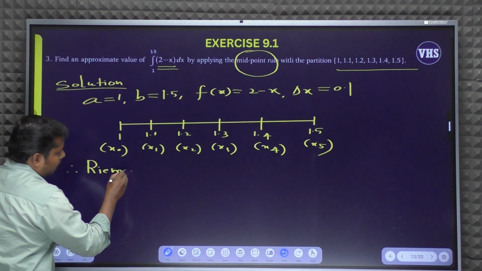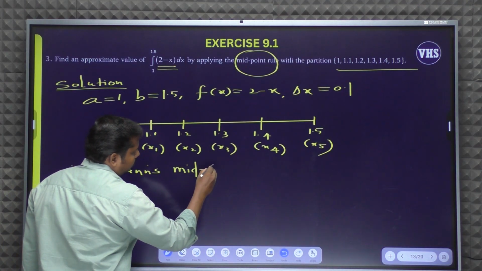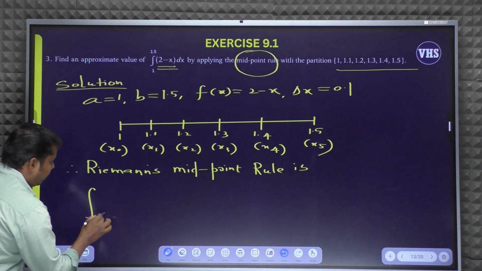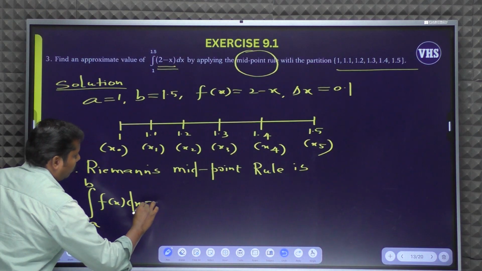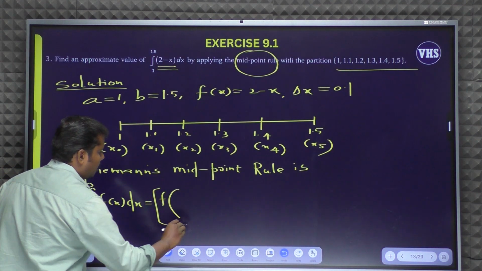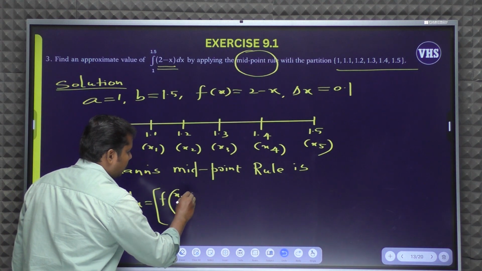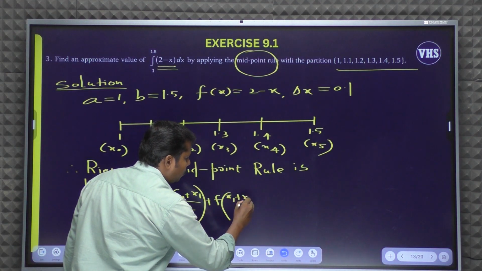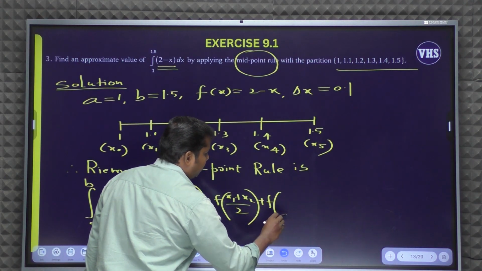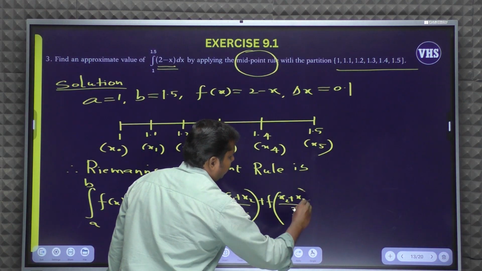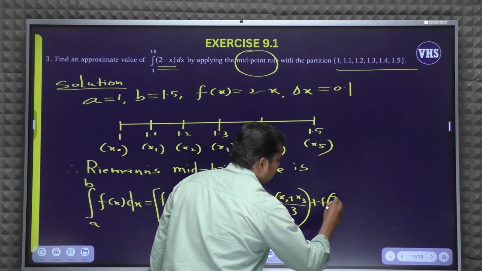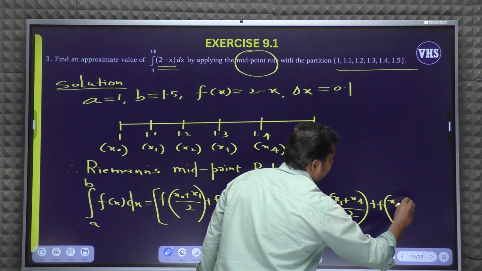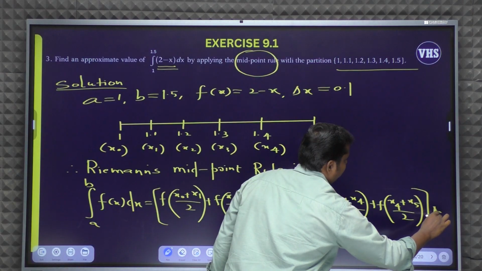Therefore, Riemann's midpoint rule is nothing but the integral from a to b of f of x dx equals, open the bracket, f of (x0 plus x1)/2 plus f of (x1 plus x2)/2, then plus f of (x2 plus x3)/2, next f of (x3 plus x4)/2, and finally f of (x4 plus x5)/2, close it up, and finally you should take delta x.